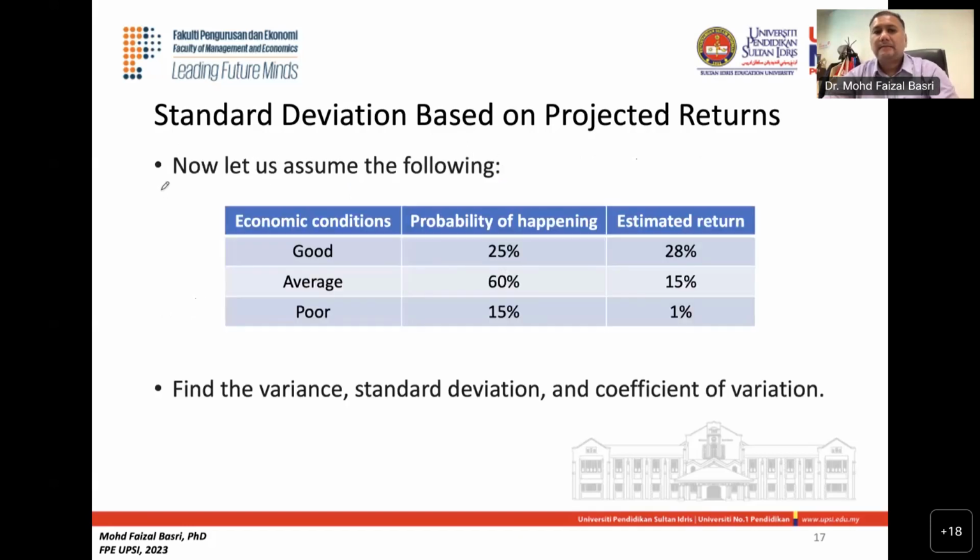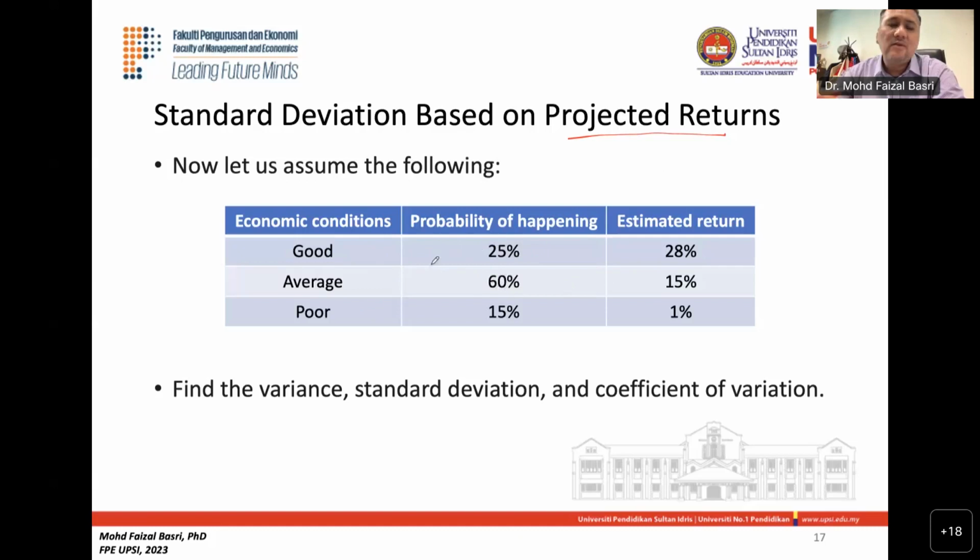Now this is another example with no historical returns. But we need to project, using these 3 economic conditions' assumptions. And on top of the 3 different economic conditions, we have 3 probabilities of how good the chances are of each economic condition happening in the future. So here, as you can see, out of these 3, the highest chance would be the average condition.